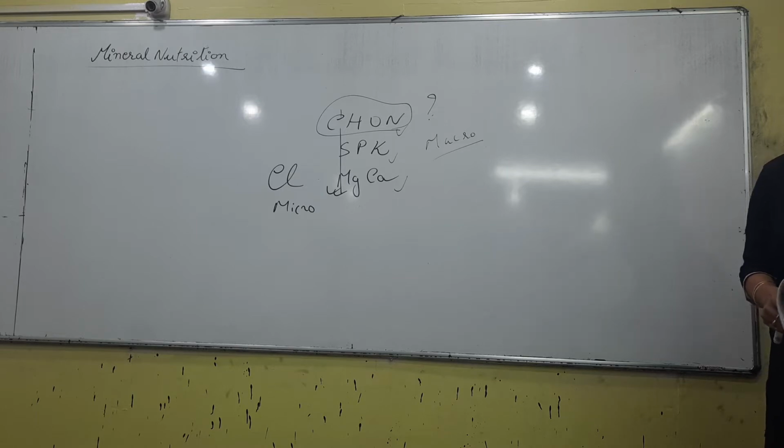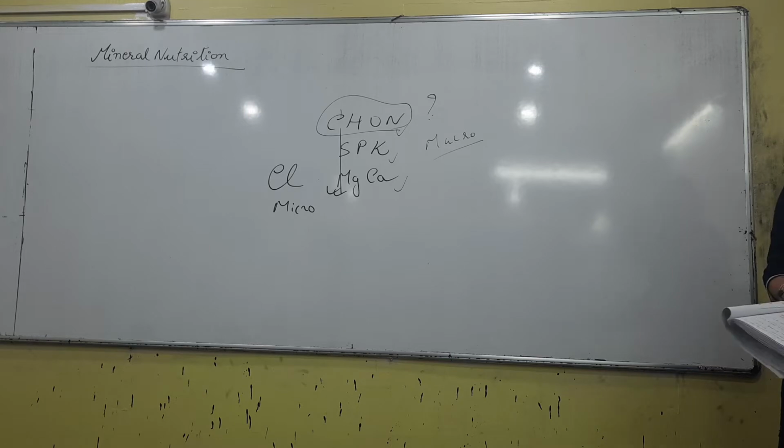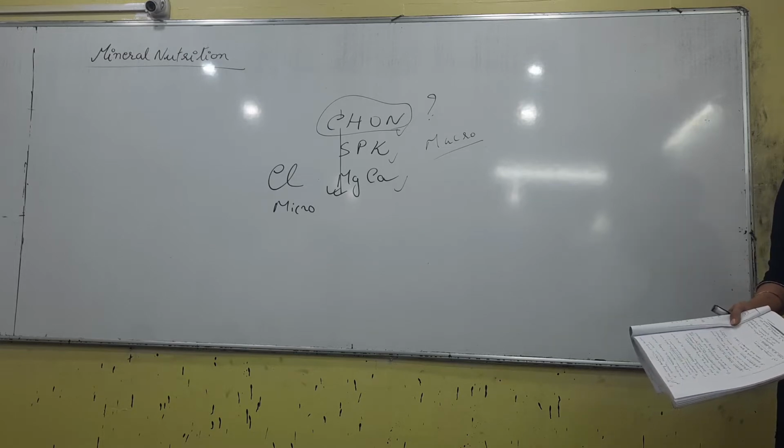If they are symbiotic, then they will stay inside the plant body. If they are asymbiotic, these microorganisms will stay freely in the soil. Is the point understood? Symbiotic, asymbiotic, understood? Symbiotic, they will stay inside the plant. Asymbiotic, they will stay in the soil. Right?